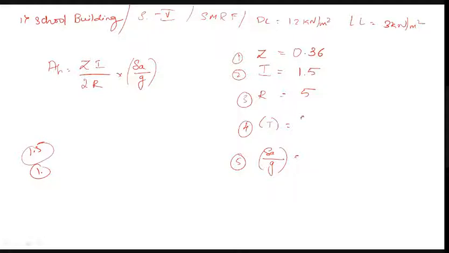So the T value is given by 0.09 H upon square root of D. We will consider it is infill with brick walls. So 0.09 multiplied by the height. The elevation is like this.